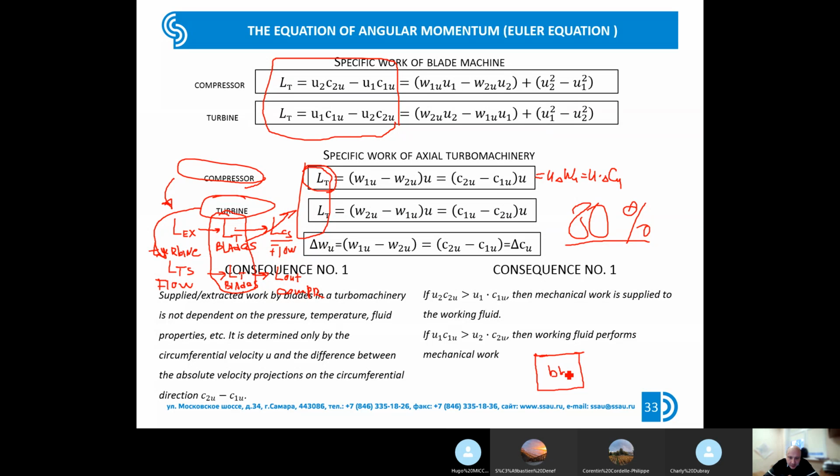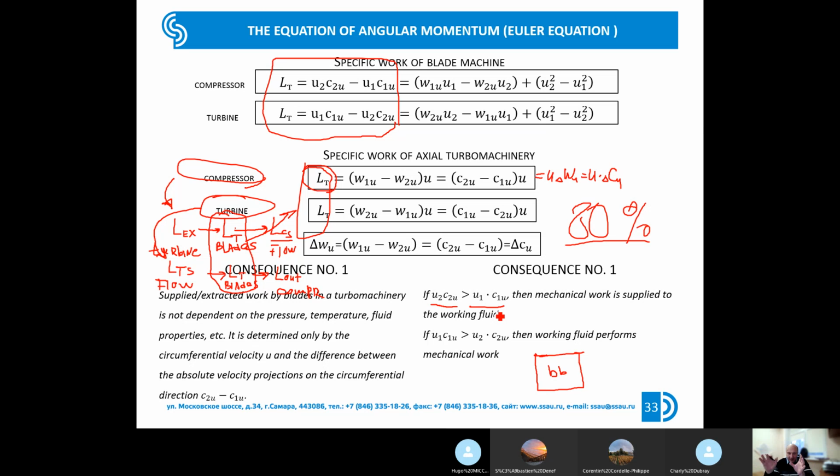But I don't know how, you know these values: you know U2 multiplied by C2U, and you know this value. And you could imagine which value is higher.